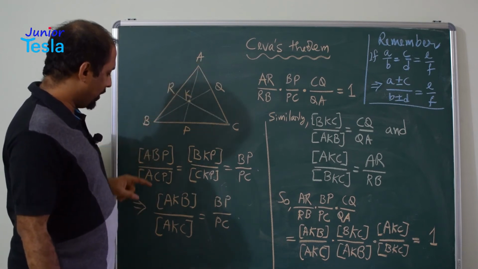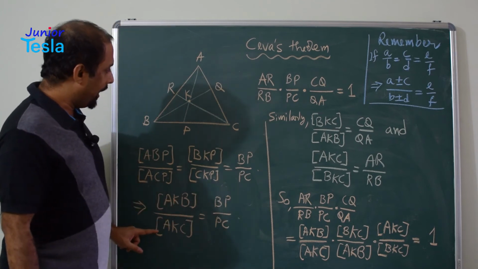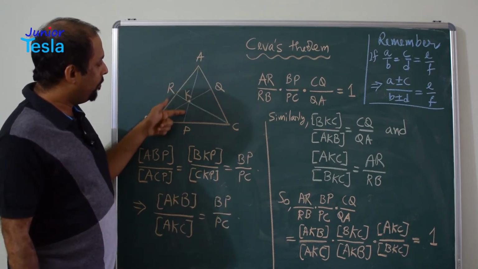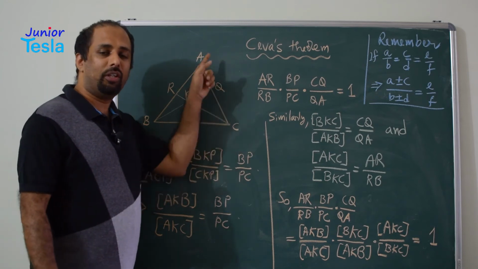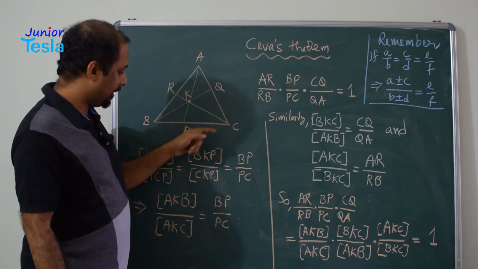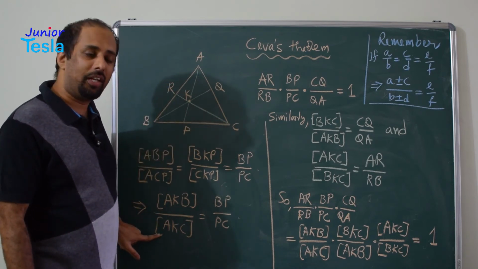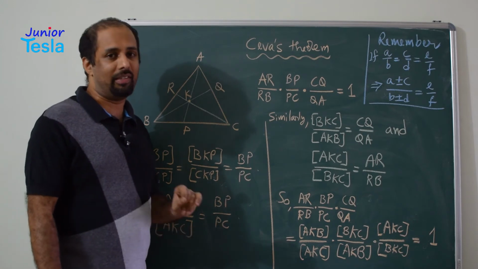So that is what I have written here, area of AKB divided by AKC. Now in APC, if I have removed KPC, what is remaining is AKC. That is what I have written here. So the ratio of these areas is equal to BP by PC.